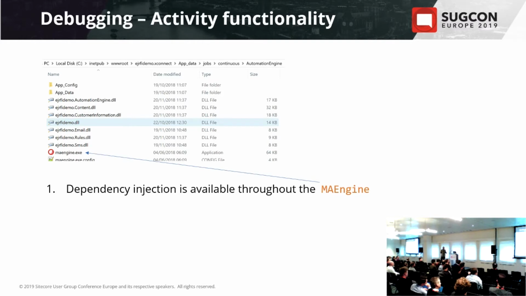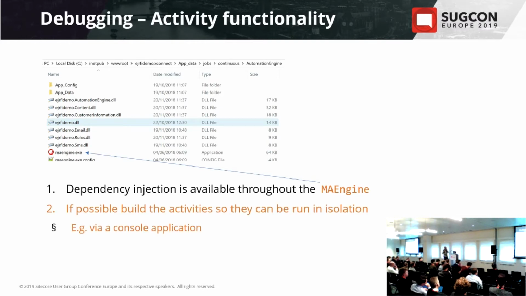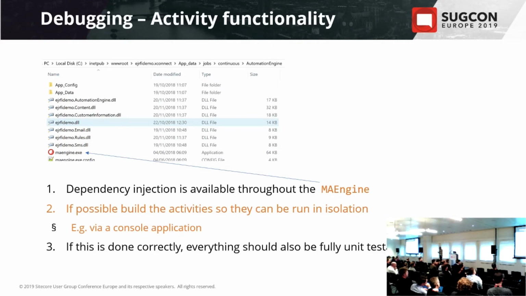Probably not, because we could come up with something like a little console app, and we can just inject fake versions of what we want in at the top and see that we get the right output. Taking that a bit further, you could then, in theory, unit test all of these. There's nothing to stop you mocking with whatever framework choice you use to ensure that all of this works. Okay?